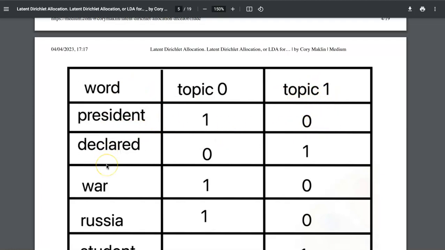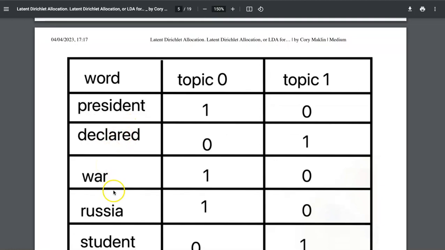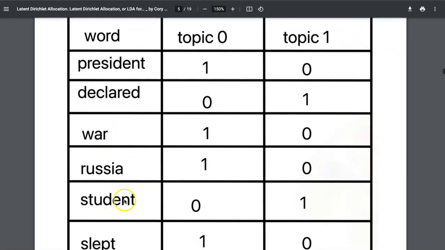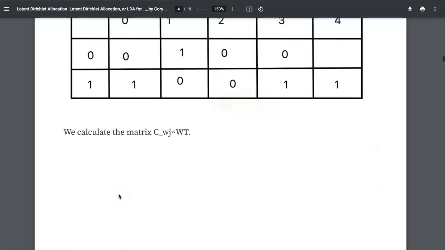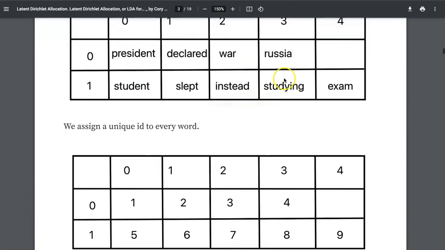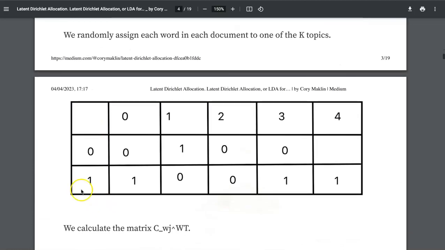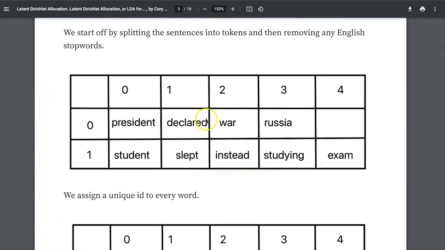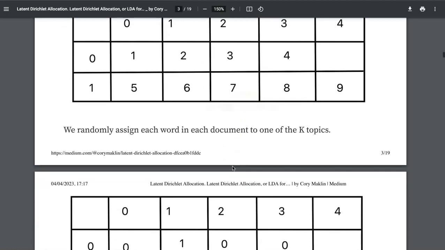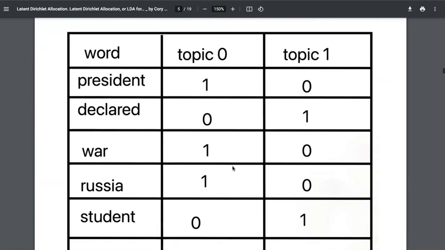In a similar way you will find the counts for the other words also. Let's take another example, student. Where is student? Student is the first word in document 1. It is initialized with topic class 1, and there are no other occurrences of student, so there is no chance of assignment to topic class 0.